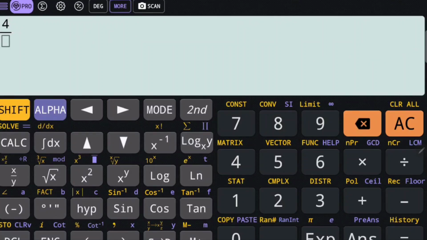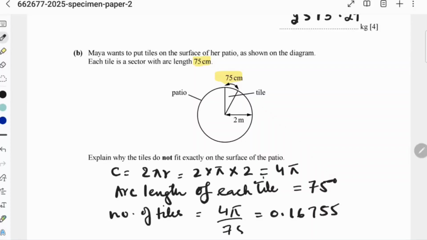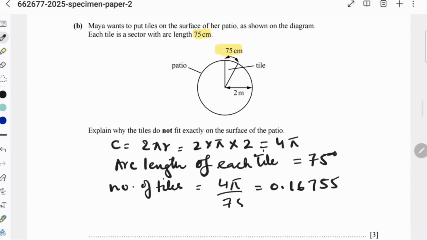4 pi divided by 75. It's coming 0.16755. And you know that it was in meters, and that is in centimeters. So we need to multiply by 100 to get the number. So that will be equals to 16.75.